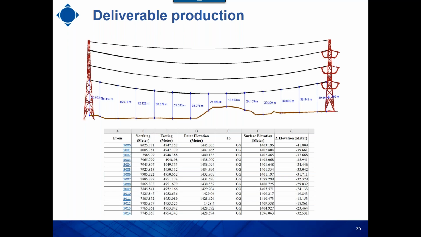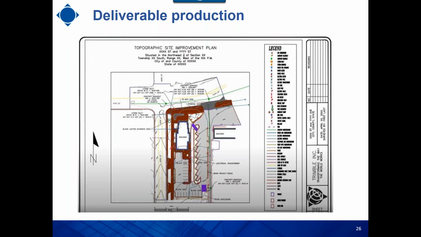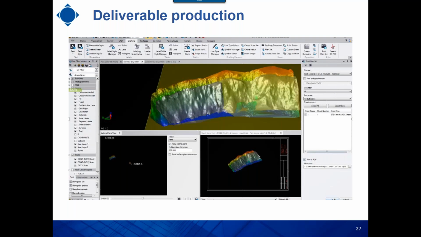This is an example of power line clearances that is extracted and created out of TBC, and we can create reports for that. You can create survey plans using the available drafting tools and CAD standards that you can bring inside your TBC project. You can create 3D views of your surfaces in a mine survey and provide that for your customers.